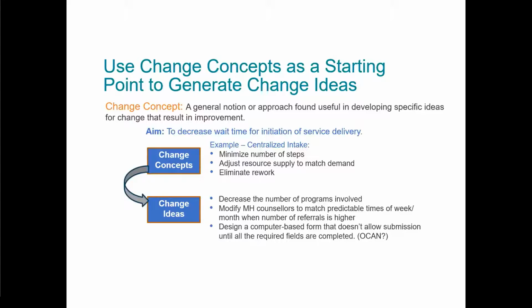Some change ideas that would come off of that could be, as an example, decrease the number of programs involved, modify the mental health counselors' schedules to match predictable times of the week and month when the number of referrals is higher, and design a computer-based form that doesn't allow submission until all the required fields are completed, a forcing function. So that's just an example of where you would go from a change concept to a change idea.